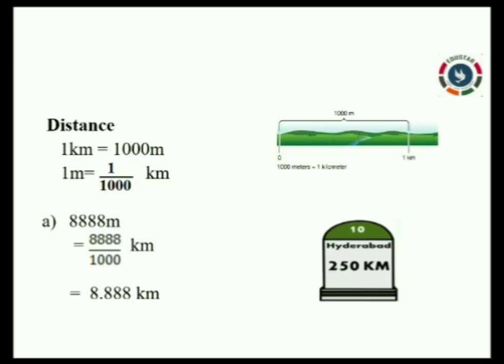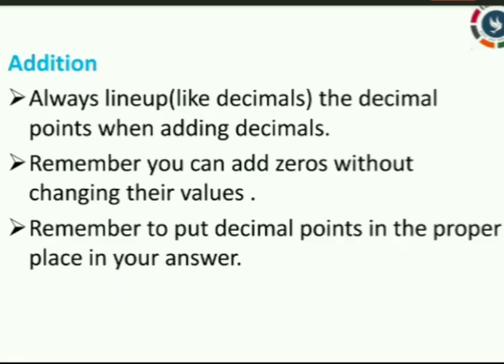In 8000 how many times will 1000 go? 8 times. So 8 is your whole part. So 8 point, the remaining number is 888. Your last digit 8 should be in the 1000th place. So you will get the answer as 8.888 kilometers.